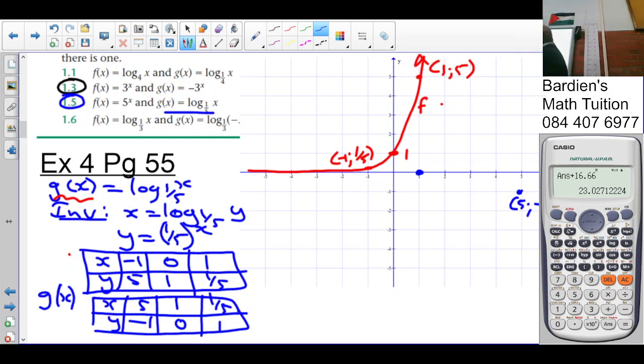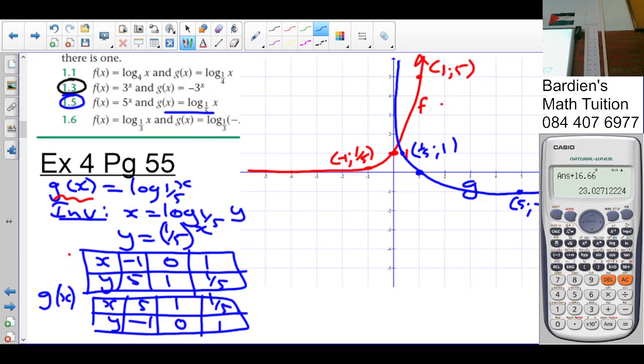So that is 1 and 0. And a fifth and 1. There's a fifth. And 1 is there. So this graph again, that asymptote is coming through again, the x-axis. The graph is going through. And this is the g of x graph. Is this a reflection of this graph? Definitely not. Not so.